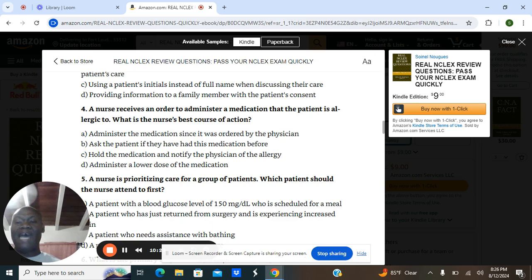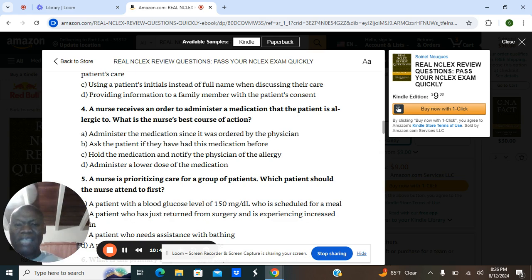A, I administer the medication since it was ordered by the physician. No, even if it's ordered by the physician, you cannot do that. B, ask the patient if they have had this medication before. No, that's not important. C, hold the medication and notify the physician of the allergy.